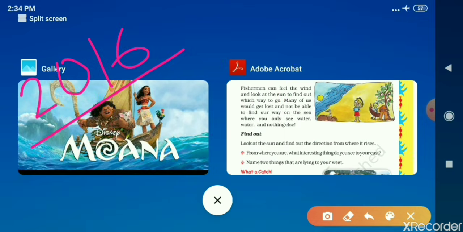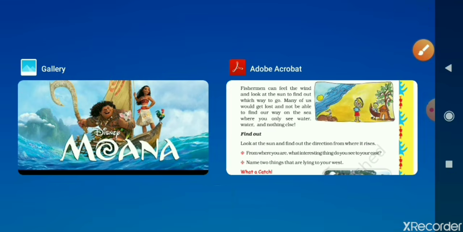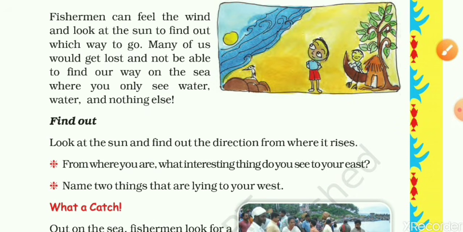Now, many of us would get lost and not be able to find our way on the sea where you only see water, water and nothing else. Yes, when you go far and far in the sea and you forget your way, what will you get?